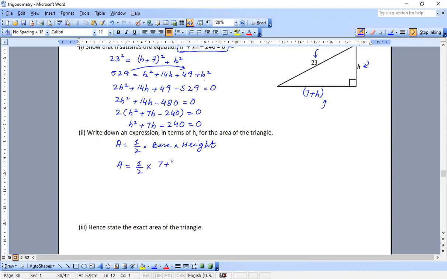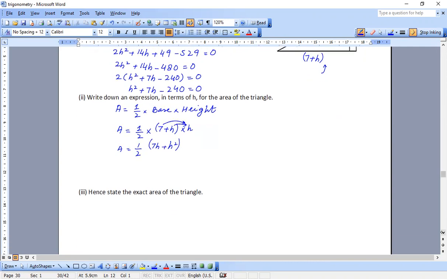Base is 7 plus h multiplied by height is h. Let's multiply them. So 7 will be multiplied with h, and h is also going to multiply with h. I can say 1 upon 2 into 7h plus h square. I can maybe leave it like this, or I can write 7h plus h square whole divided by 2. I'm just leaving it at this point. Okay, and going to continue with the next part.